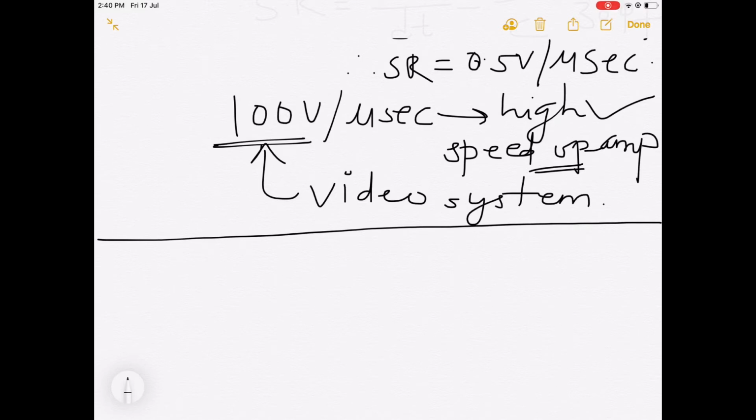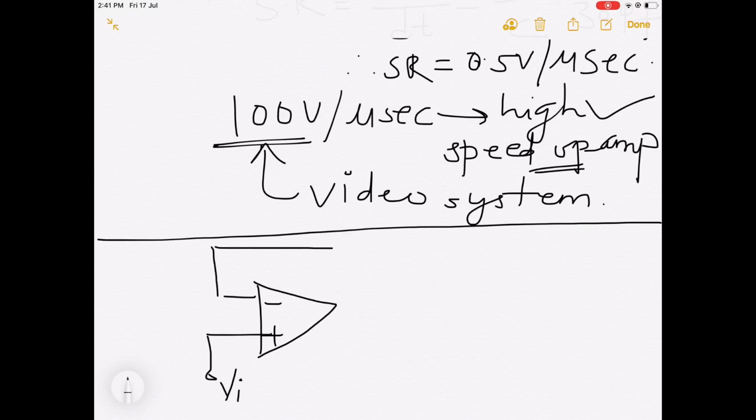So suppose we have one circuit, which is nothing but the voltage follower. Here we are applying input voltage Vi, and you are connecting the inverting terminal to the output directly without any feedback resistor. This is your output.